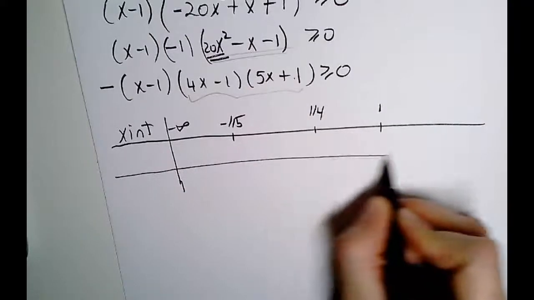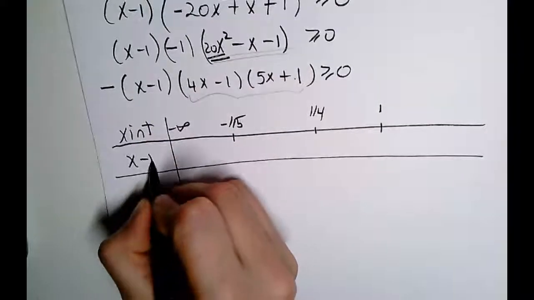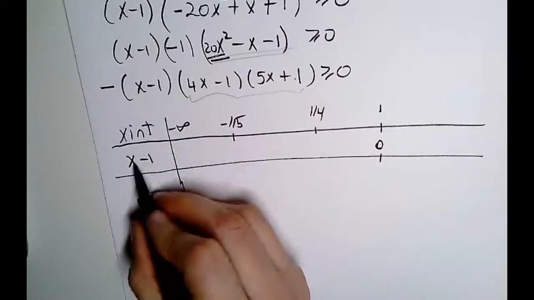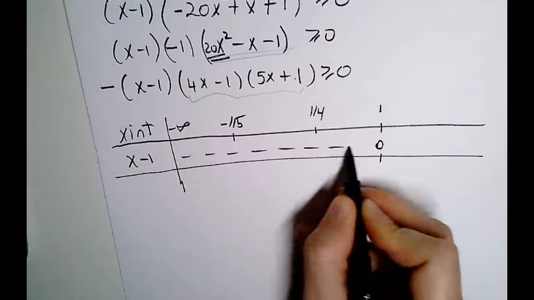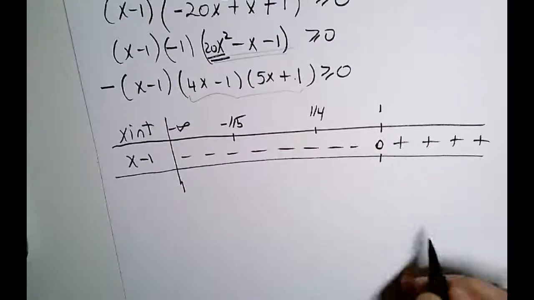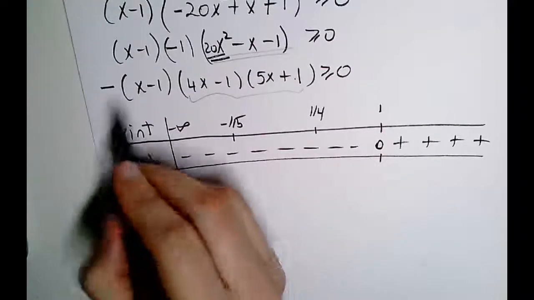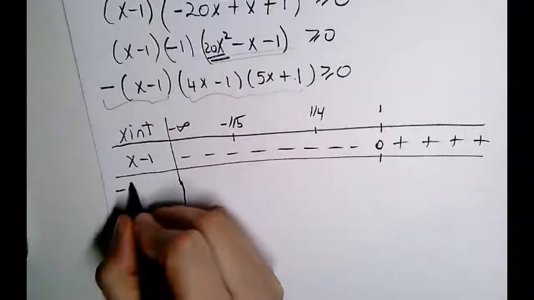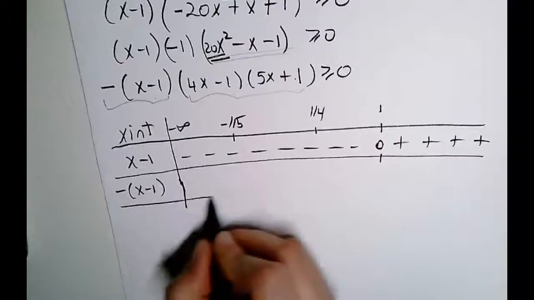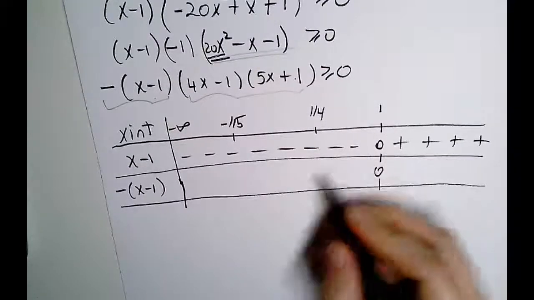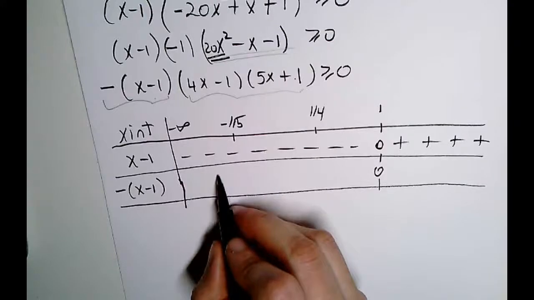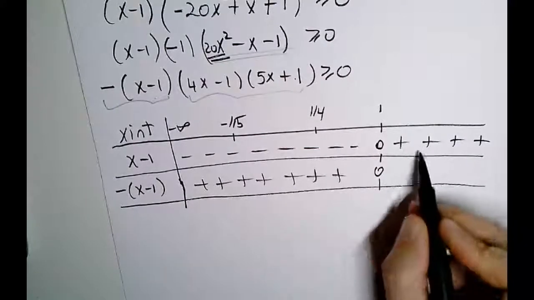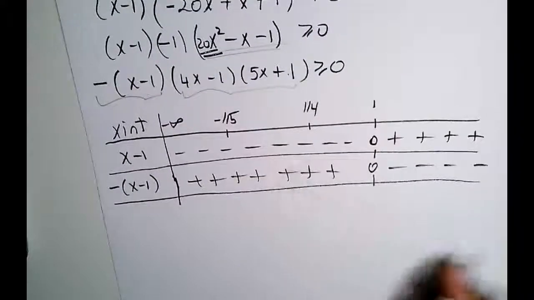Now we're going to put the sign of x minus 1. x minus 1 is 0 when x is 1, and it's negative before and positive after. Let's group the negative with the x minus 1. So negative x minus 1 is 0 here, and it's the opposite: positive before and negative after. It just flipped the sign.